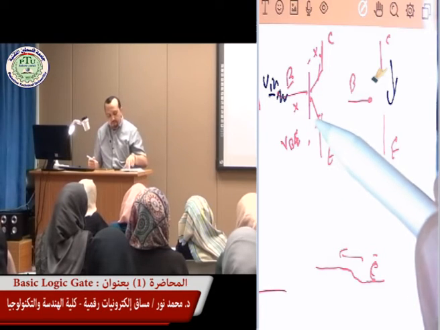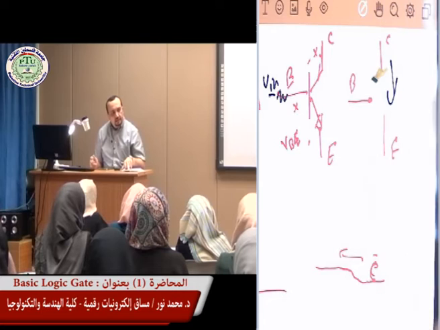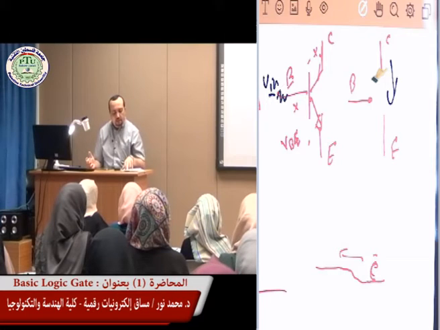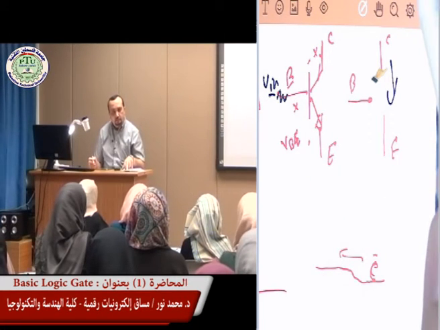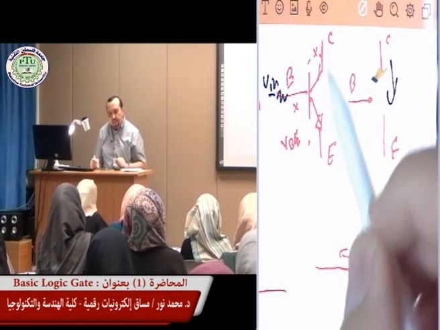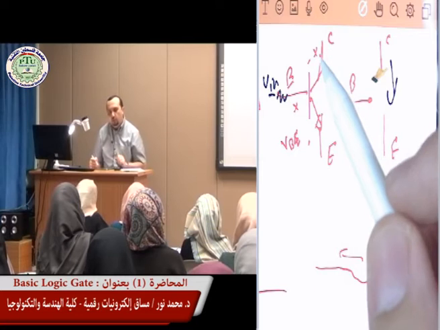Of course, in the notes there is a more detailed explanation: we have four operating regions. Saturation is when both of these junctions are forward biased, positive voltage on both, and VCE is larger than, let's say, 0.2 volt.